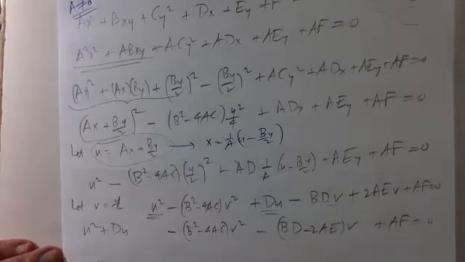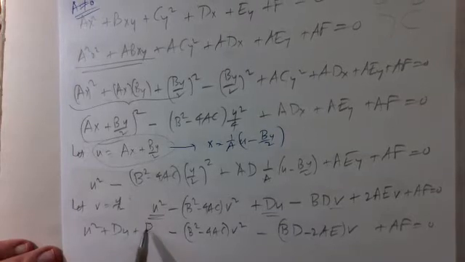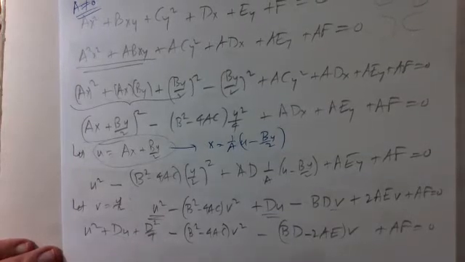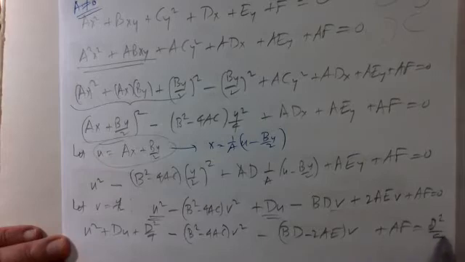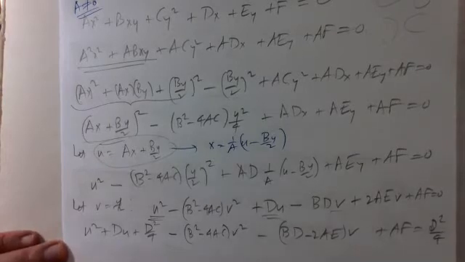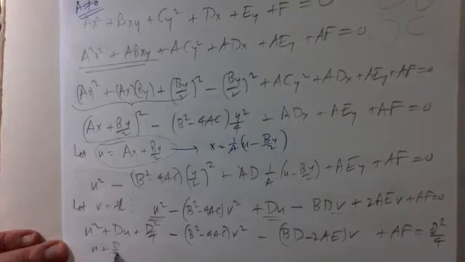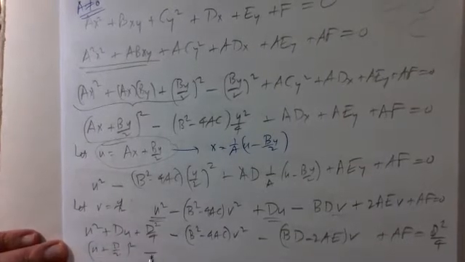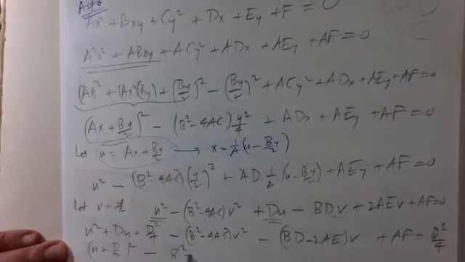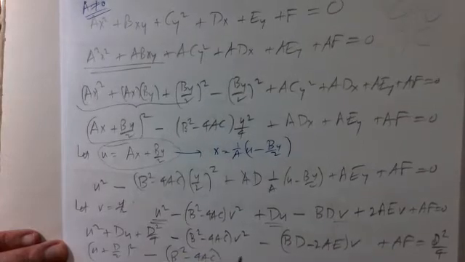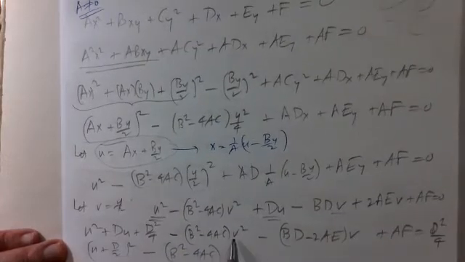And I can complete the square again. If I add d squared over 4 to both sides, I get u plus d over 2 squared minus b squared minus 4ac. Here I just factor that out.